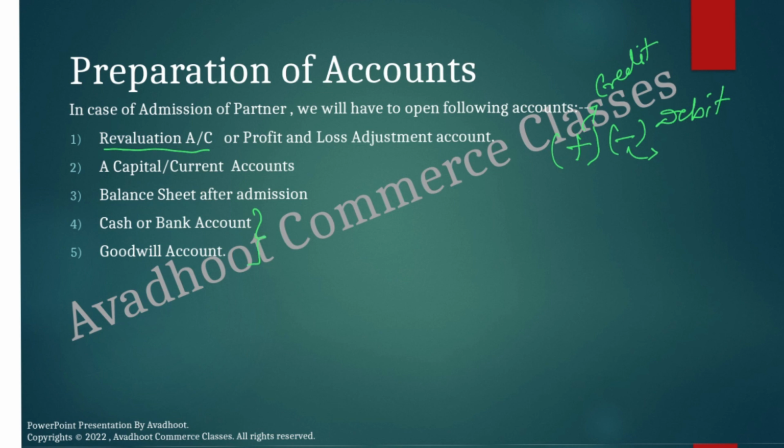Sometimes it is not asked, but for our understanding it is necessary to prepare these accounts as working notes. Prepare the cash or bank account and goodwill account. And then you have to prepare the working note of new profit sharing ratio and sacrifice ratio. Four working notes are compulsory to prepare.